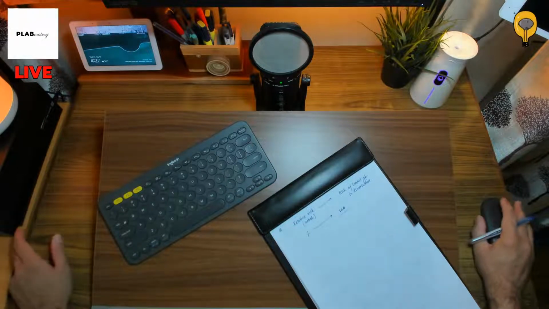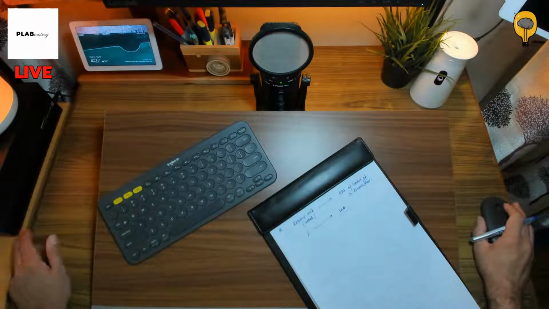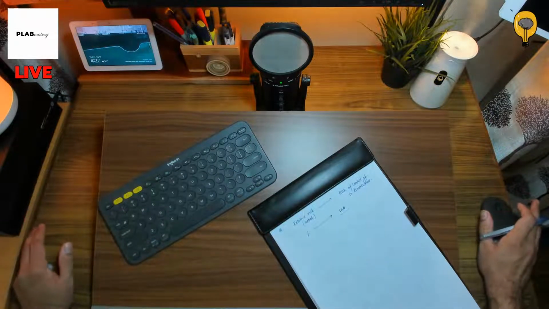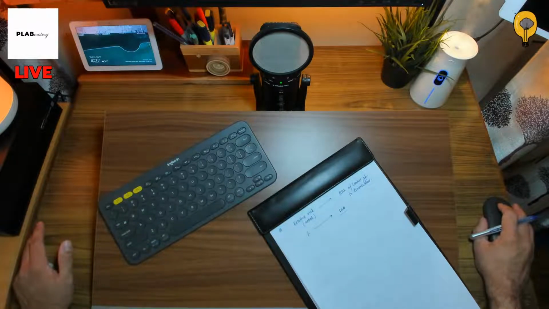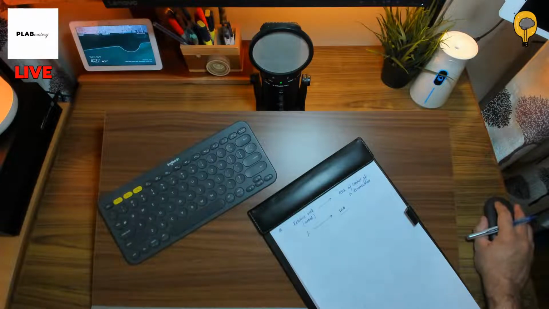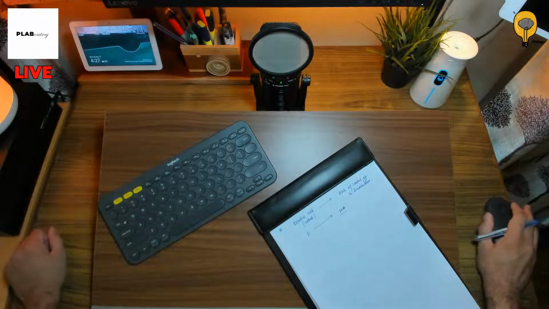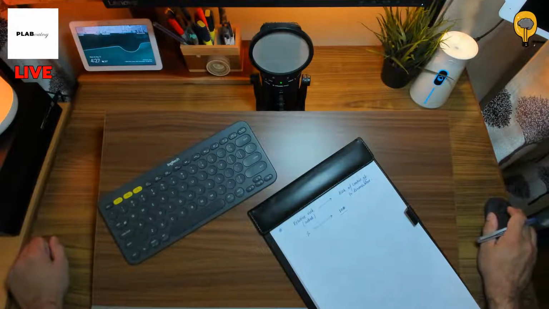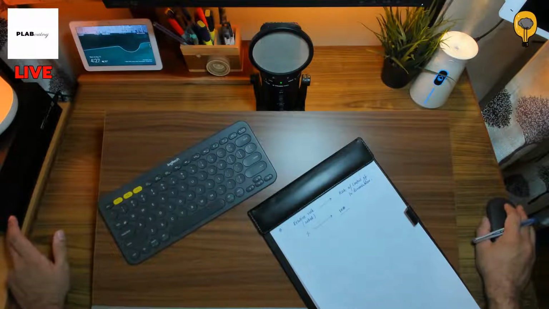Absolute risk of treatment and control, we know how to calculate them. Absolute risk reduction is absolute risk of the control minus absolute risk of the treatment. Now number to treat is equal to 1 upon absolute risk reduction. Number to treat is equal to 1 upon absolute risk reduction. Relative risk reduction is absolute risk reduction upon absolute risk of the control group.